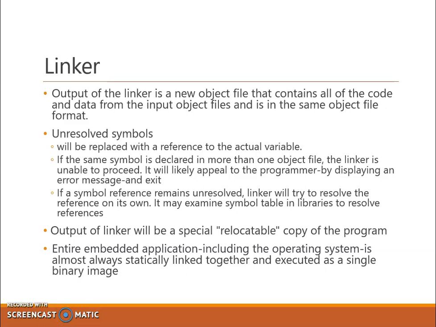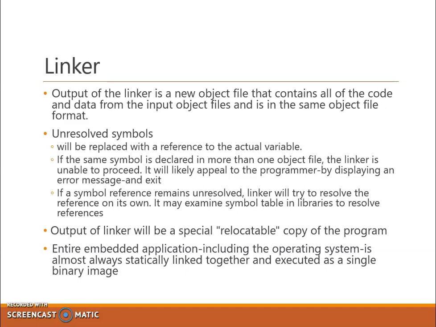Sometimes it also happens that there are multiple source files we are using, so we may have the same variable name in two different source files. If the linker observes that there are two variables with the same name, then it is likely to appeal to the programmer by displaying an error message and it exits. Now, suppose after doing all these things the references are not resolved, then the linker tries to resolve the references on its own.